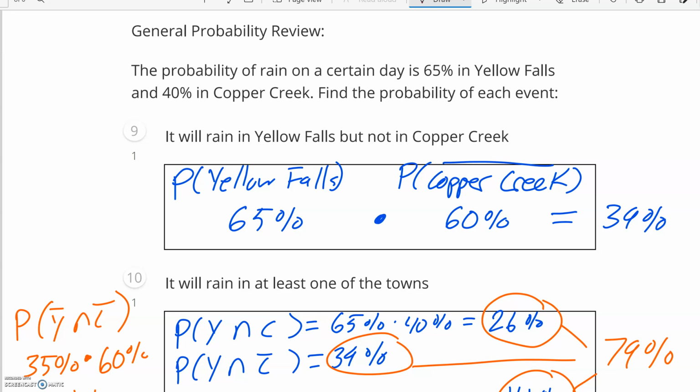Number 9, they've given you this question. It will rain in Yellow Falls, but not in Copper Creek. You have 2 separate places, 2 separate scenarios. The probability of Yellow Falls is 75%.